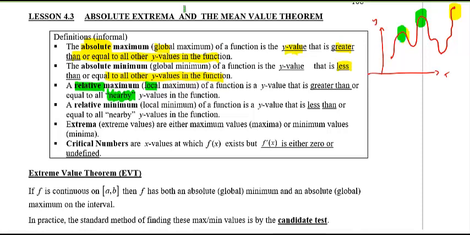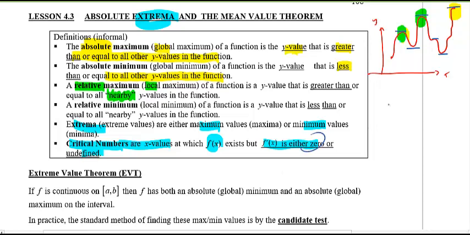Okay? When I use the word extrema, that just means give me the extreme values, the maximum values or the minimum values. Okay? And there's one more term we need to know. It's called critical numbers. And these are the x values at which the function exists, but the derivative is either 0 or undefined. And if you notice that all of these points where there's a max or a min, it looks like the slope is equal to 0.